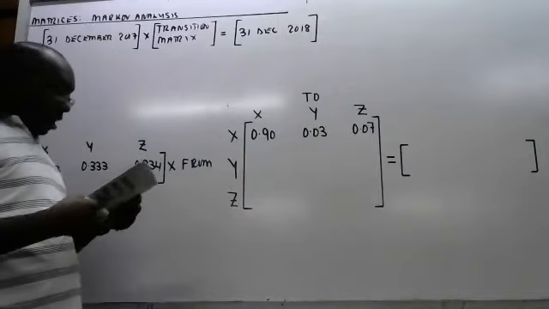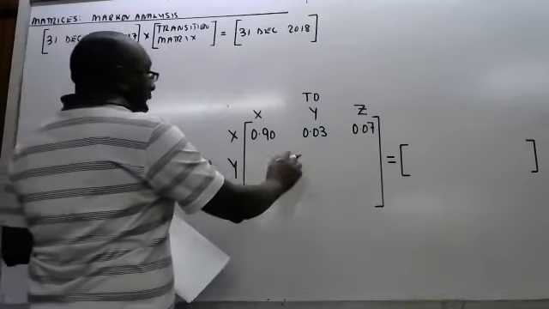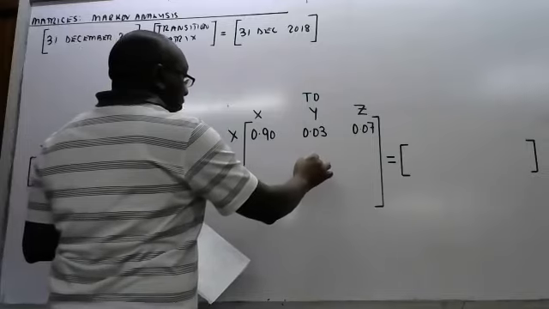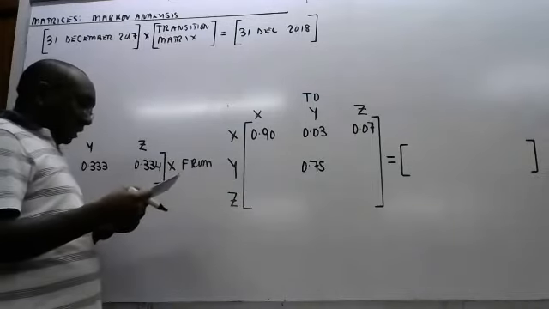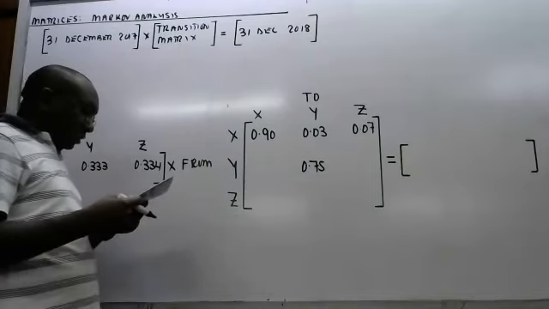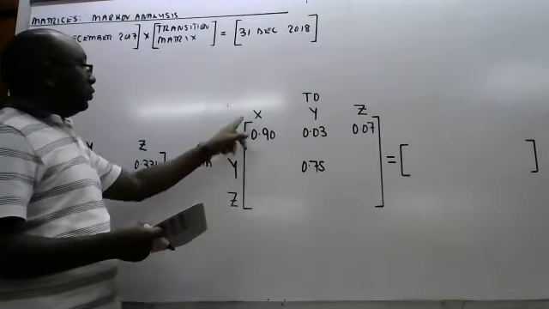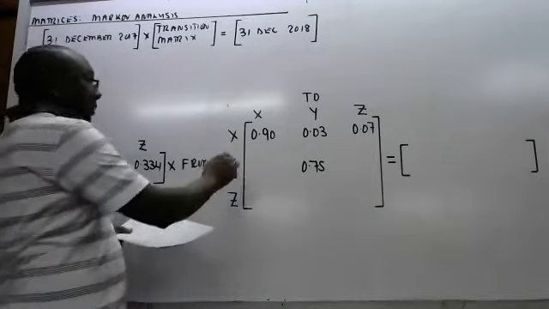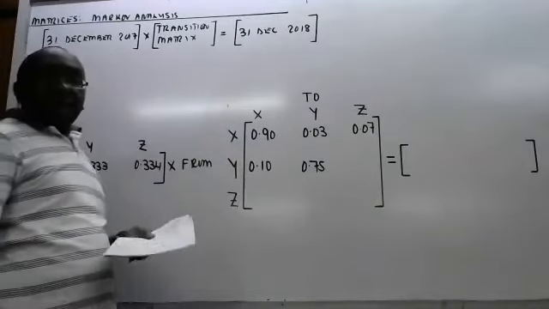Number 2 says Y had retained 75%. So from Y to Y, 0.75. But had lost 10 and 15 to its customers to X and Z. So from Y to X is 10%, so 0.10.